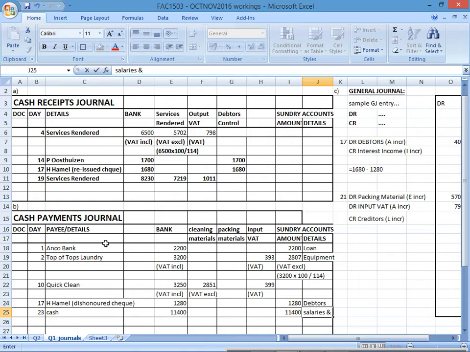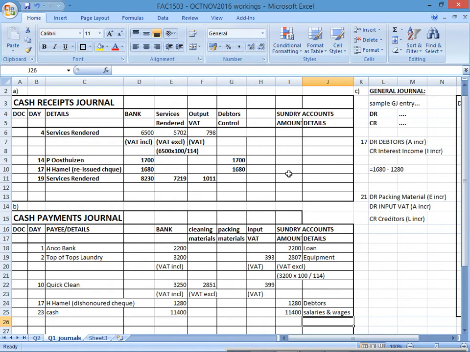Salaries and wages. Got that? And there's another transaction that you've recorded. See, this is how you record transactions in journals. It's so simple. You just need to understand what's happening in the transaction, because the first step is the most important. That's why we spend such a lot of time going through the rules. Because if you don't know what the rules are, you don't know what to do with those accounts. Okay.